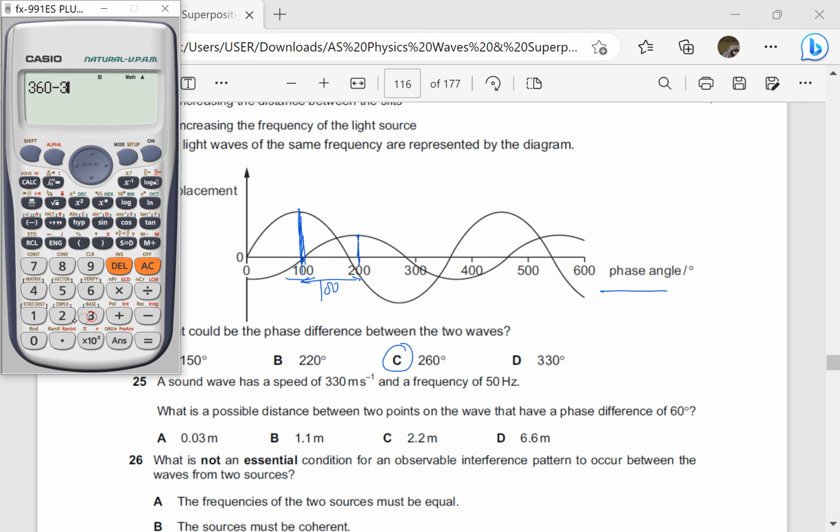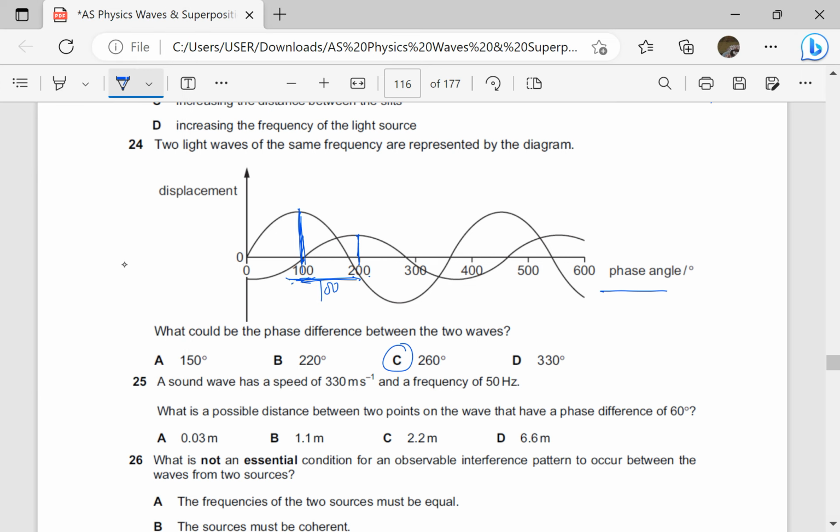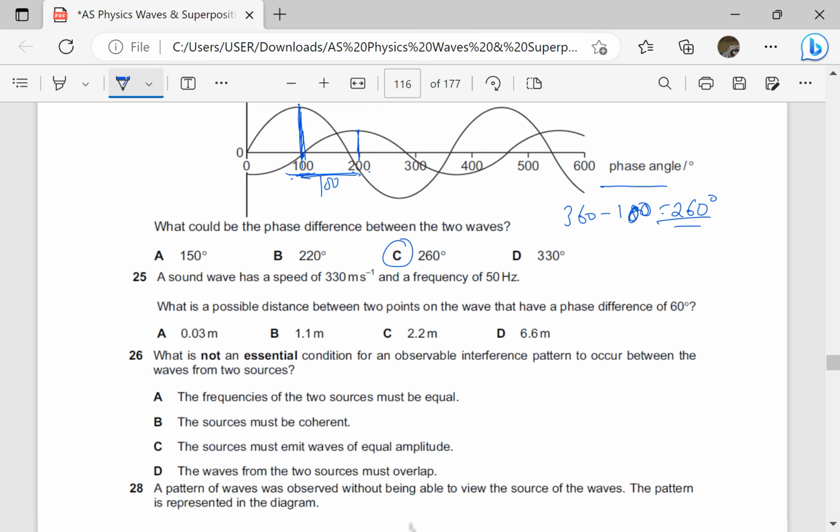The phase angle between these two points is 100 degrees, so that would be 360 minus 100, which gives us 260 degrees. That could be the phase difference between the two waves.